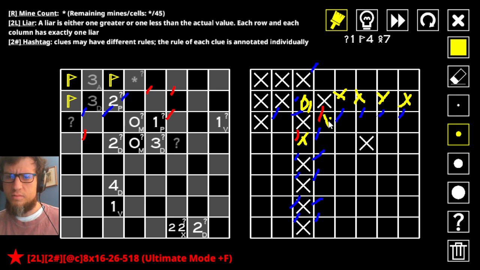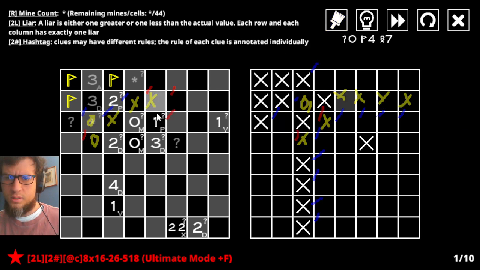So we have this is yellow, which means we have this. Yes, okay. Which means that's safe, that's a mine.